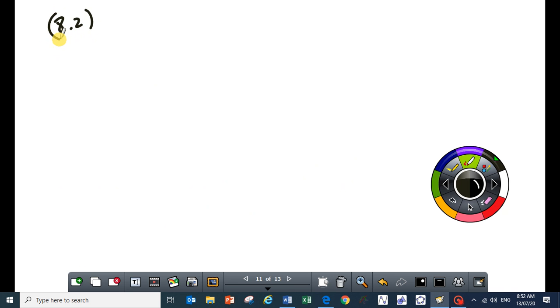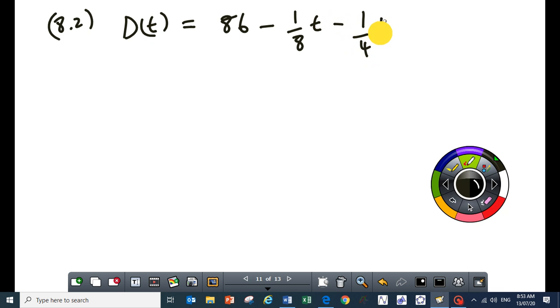So 8.2, we have D(t) equal to, do you see that the given equation is a cubic function? It's a cubic function that starts with a what? A maximum or minimum turning point. It starts with a minimum, it goes like this. So when you're answering these questions, also relate them to a cubic graph, a quadratic graph.